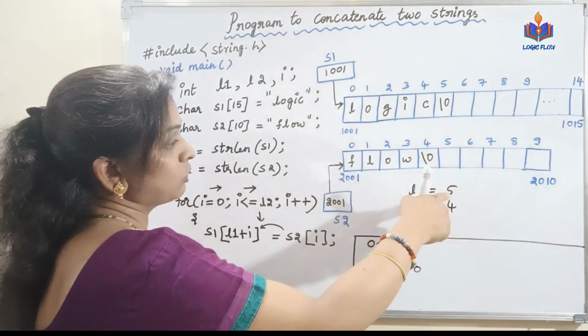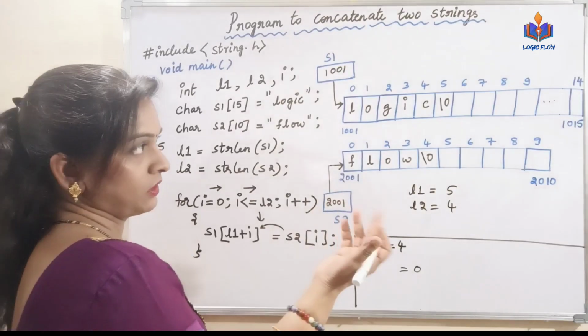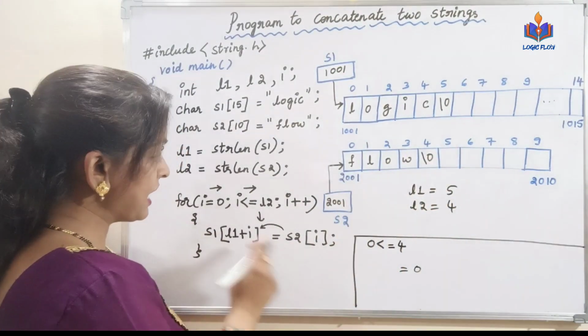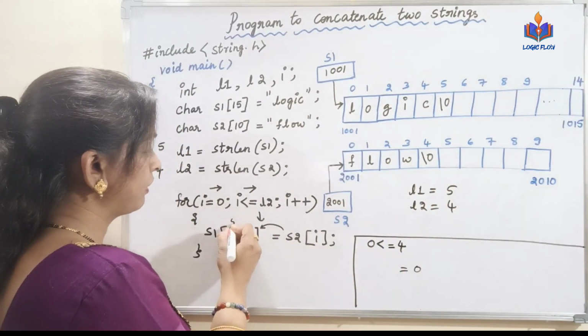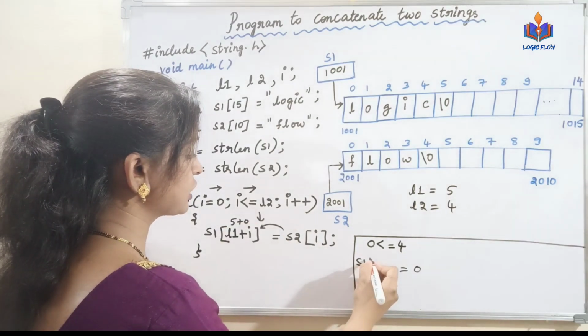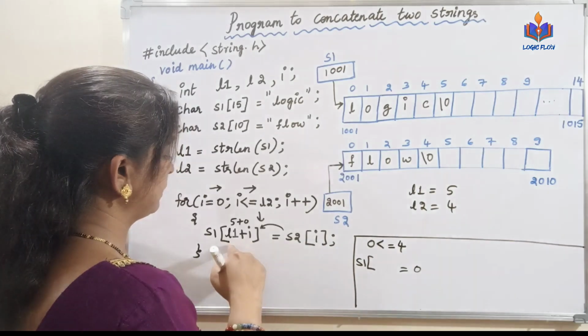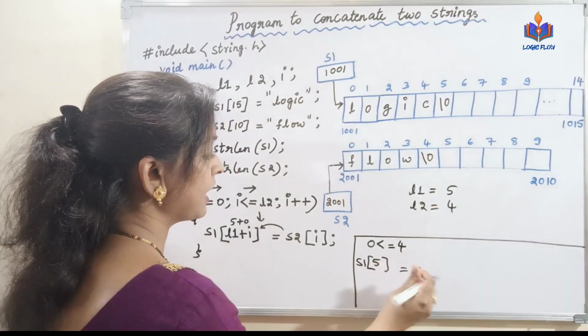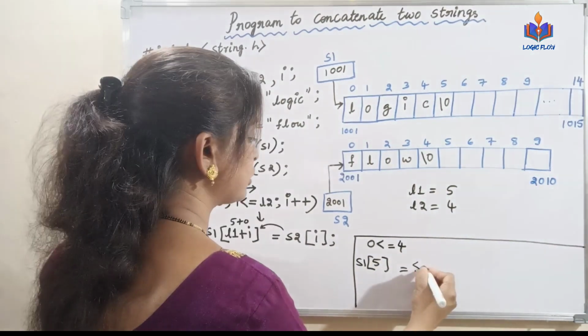L1 means length 1. It is 5. 5 plus I means 0. 5 plus 0, it is 5 only. So it is S1 of 5 is equal to S2 of I.